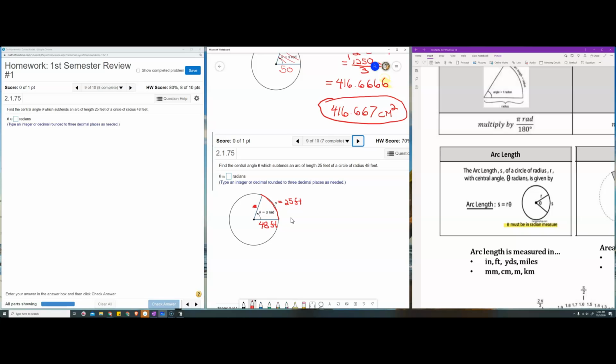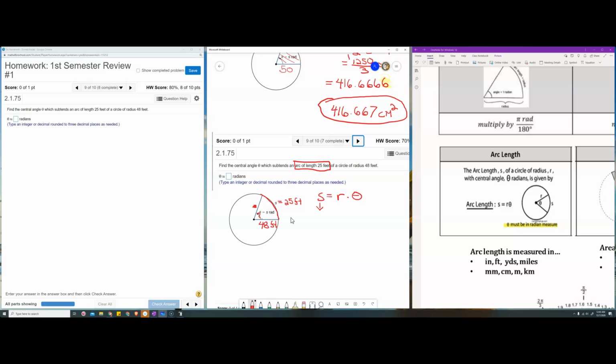And the question is asking us to find what's this angle. So we're going to use our arc length formula because there's our key on which formula we're going to use. We're given the arc length. So my arc length S is equal to the radius times the angle.